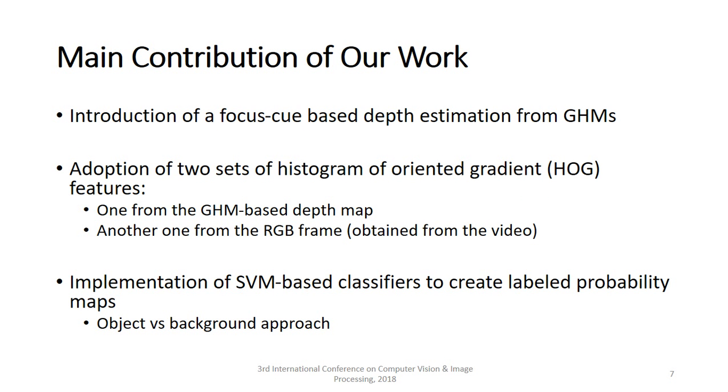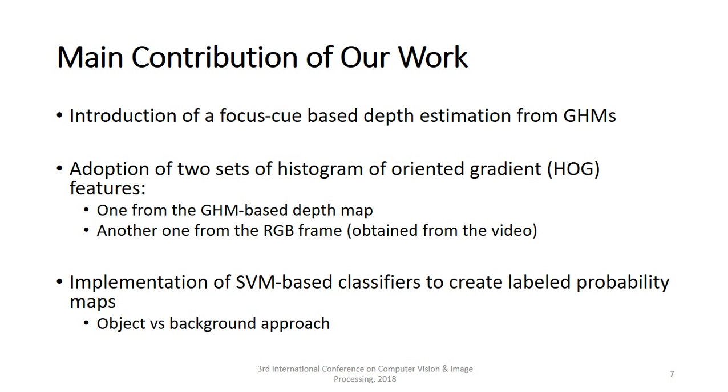So these are the main contributions of our work. We have introduced a focus cube-based depth estimation from Gaussian-Hermite moments of neighboring pixels. Then we have adopted two sets of histogram of oriented gradient features, one from the GHM-based depth map that we will be calculating, and the other one from the RGB frame which is obtained from the video.